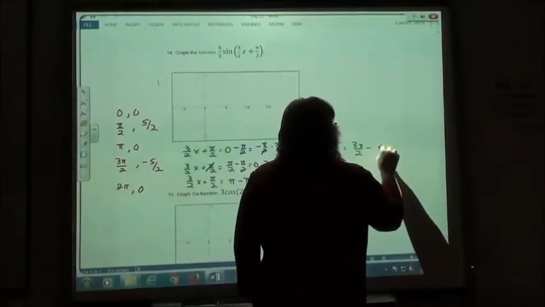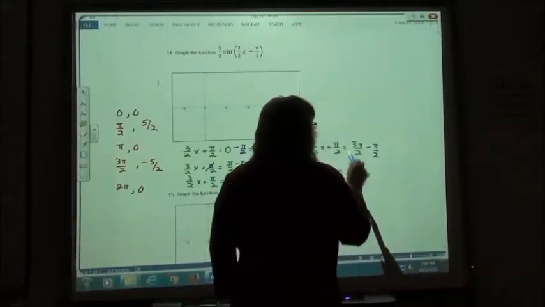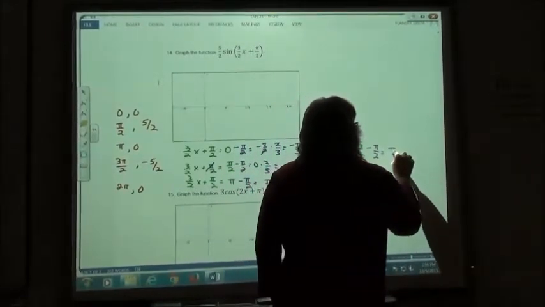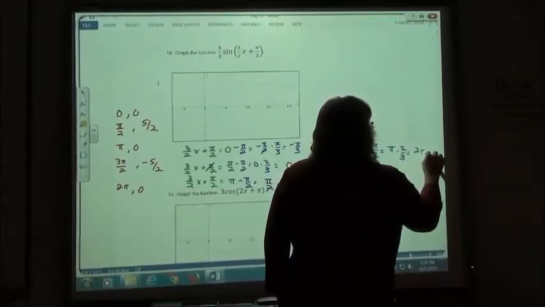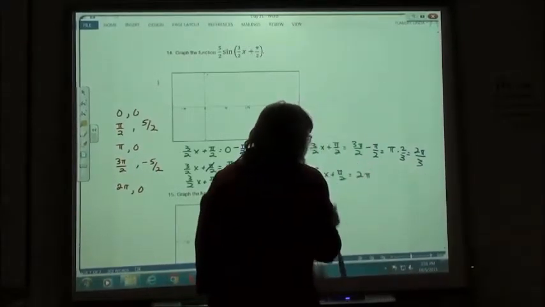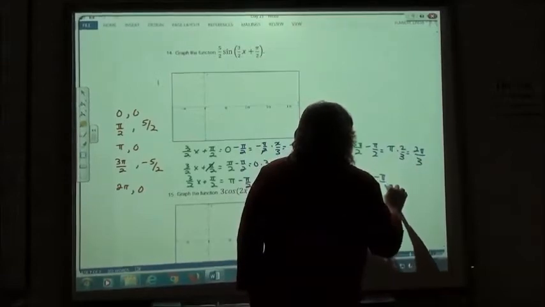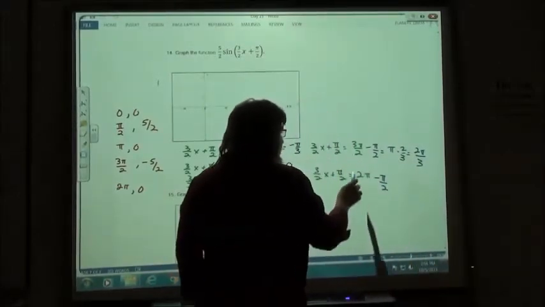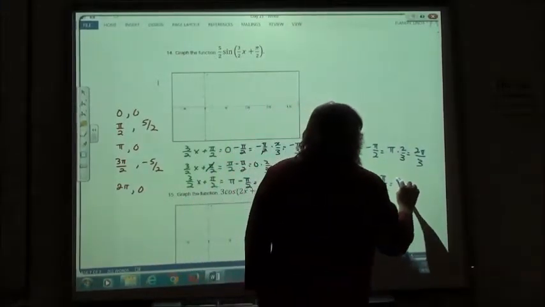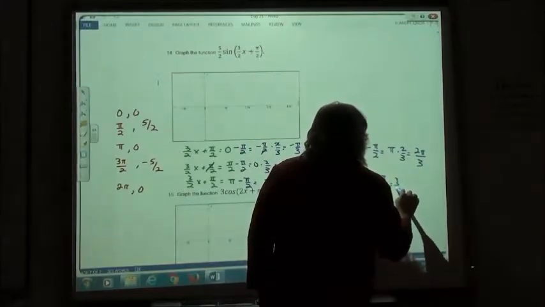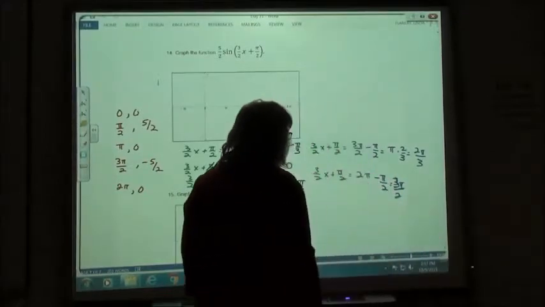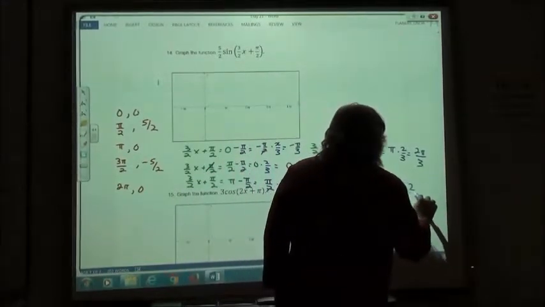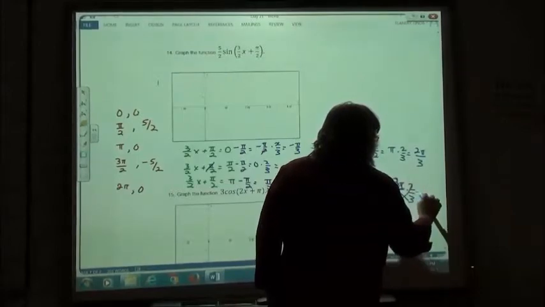This one I'm going to subtract my pi over 2, so I get 2 pi over 2, which is pi, times my 2/3, so 2 pi over 3. And here I'm going to minus my pi over 2. This would be 4 minus 1, which would be 3 pi over 2. 3 pi over 2 times 2/3 cancels, I get pi.